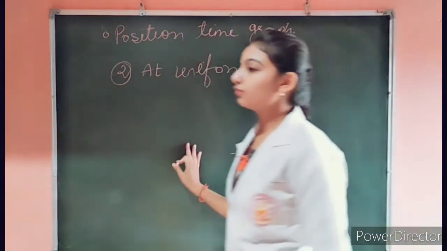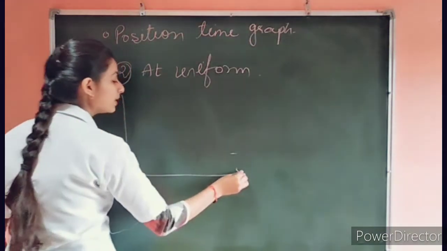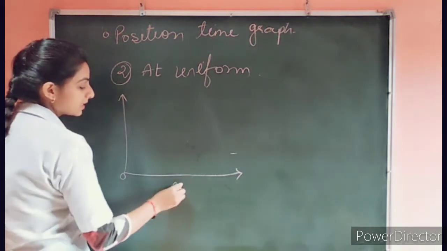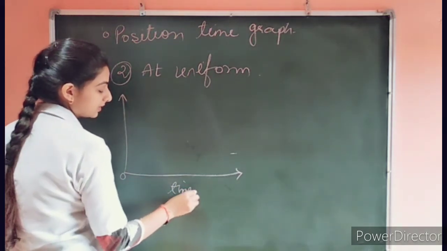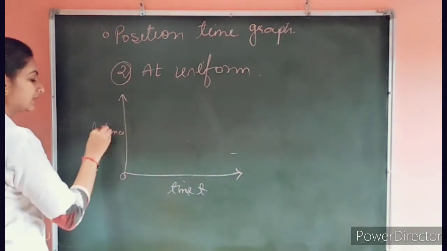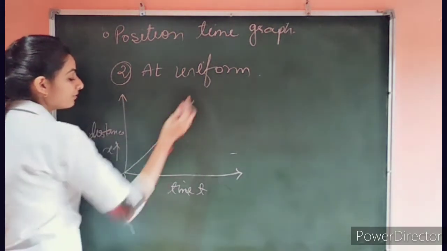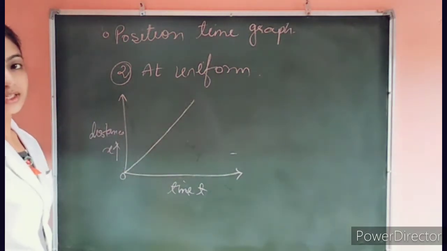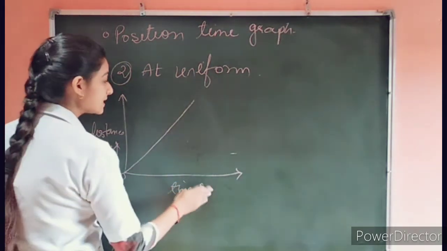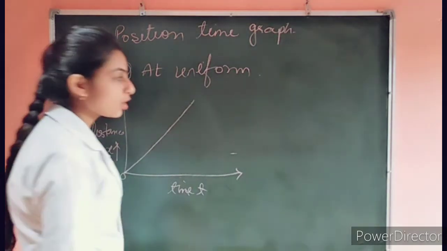When an object travels equal distance in equal intervals of time, then with respect to distance x and time, we get a straight line. As the time changes, the distance or the position of the object also changes.